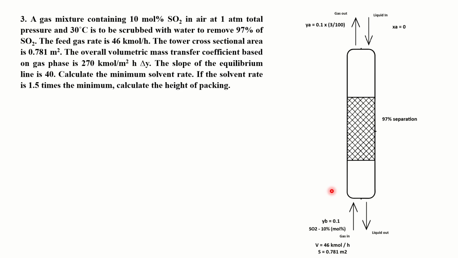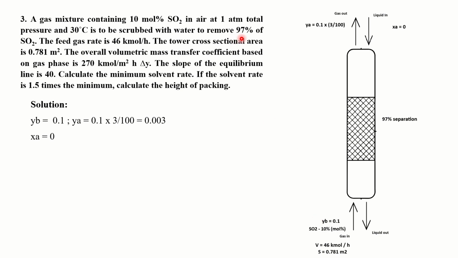So as we did in the previous problem, for finding the height of packing, you need the number of transfer units and the height of transfer unit. So we have to find both NTU and HTU in order to find the height of packing. First we'll list out the data given in the problem. 10 mole percentage of sulfur dioxide is in the entering gas stream. From the mole percentage, the mole fraction can be taken, which is YB equal to 0.1.